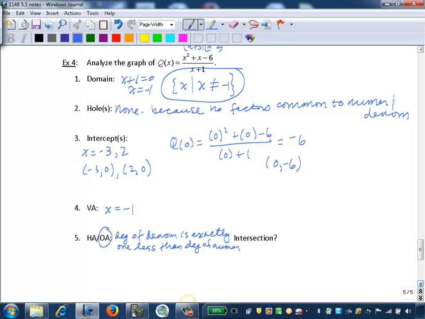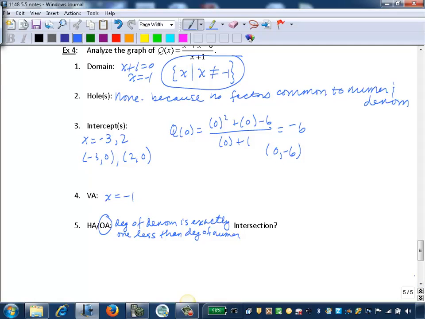To find our oblique asymptote, we're going to do long division. So we're going to divide our denominator, x plus 1, into our numerator, x squared plus x minus 6. x squared divided by x is x. Multiply down, x times x plus 1 gives us x squared plus x.